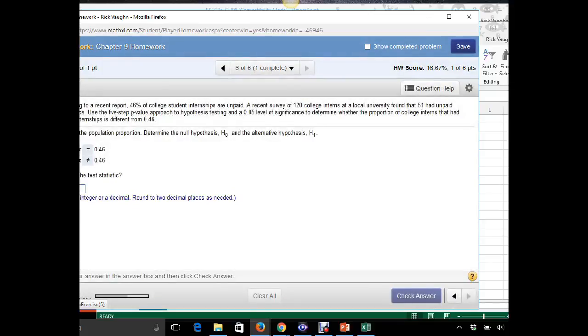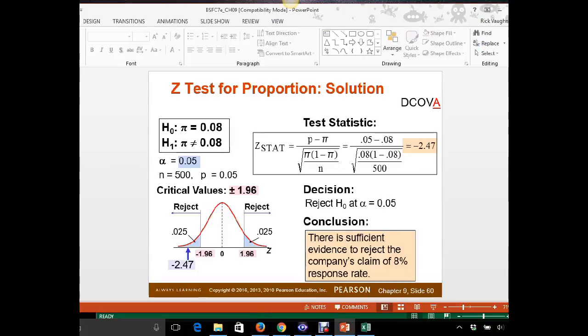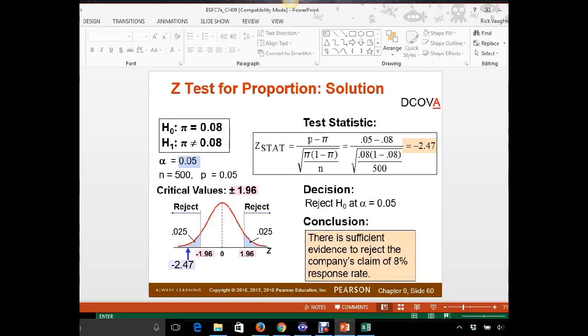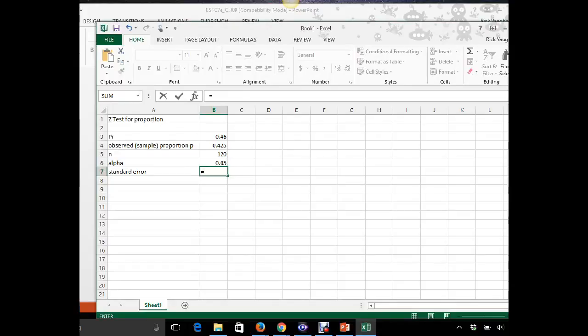Now we're going to go on and find the Z statistic using this formula off of the slide, P minus pi divided by the standard error term. I think I'll compute the standard error term first, and then I'll put those pieces together to find the Z statistic. So let's find the standard error term, and that's going to be equal to the square root of pi times 1 minus pi divided by n.